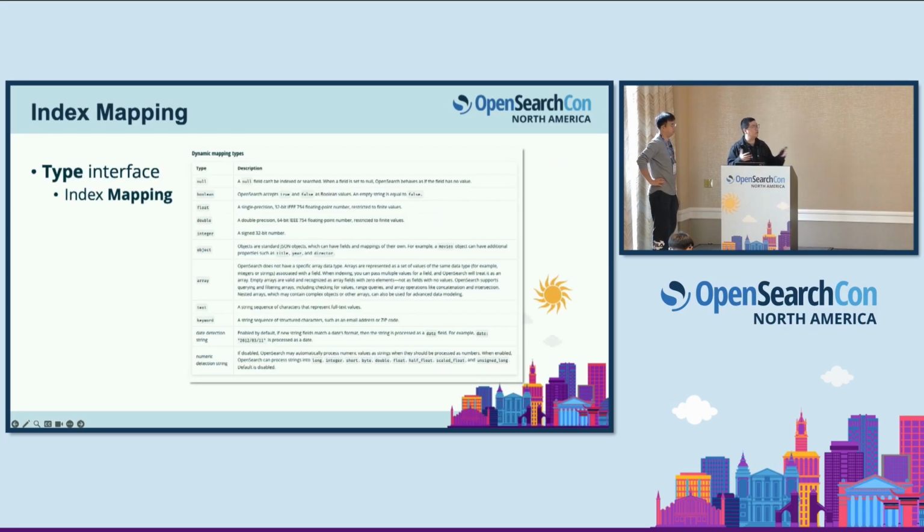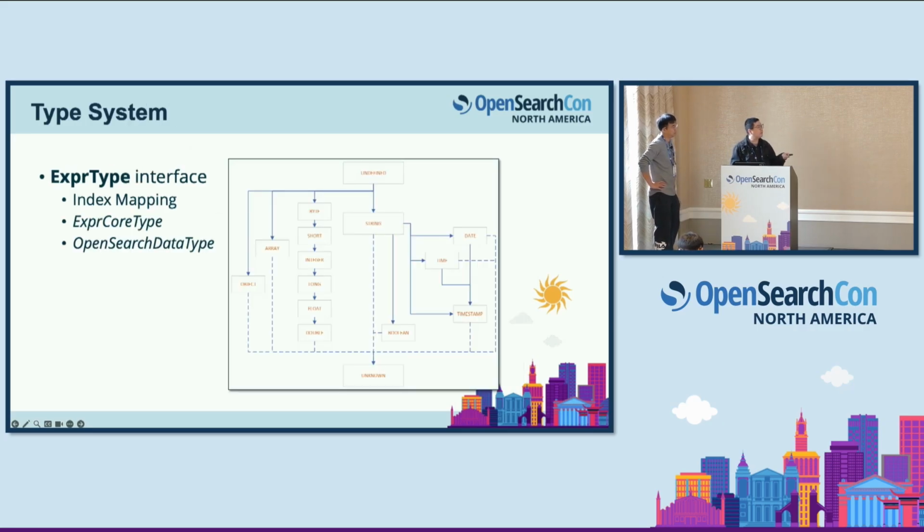Even with a schema mapping, we still need to map the different types because we have different systems. In OpenSearch, each index has an index mapping. The picture lists some dynamic mapping types, for example, Boolean, float, double, etc. But these are different from the Calcite types.